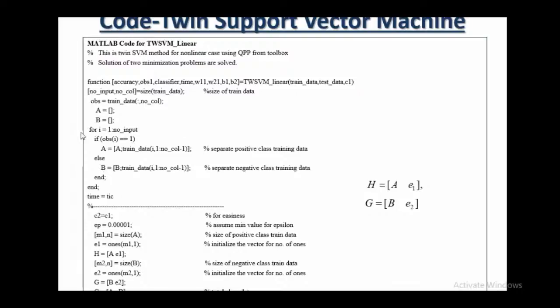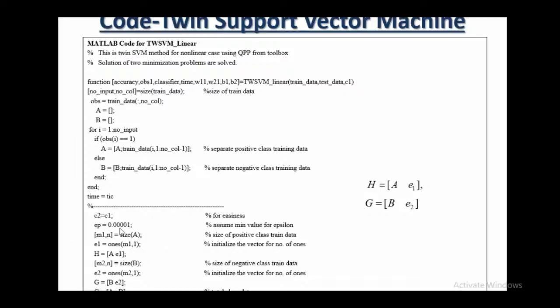Now A and B we already know. Then obviously there is a C1 and C2, and we are taking both as the same. EP we assume as a user input, so I just assign epsilon equal to 10 to the power -5. Now we compute the size of A, which is m1 comma n.